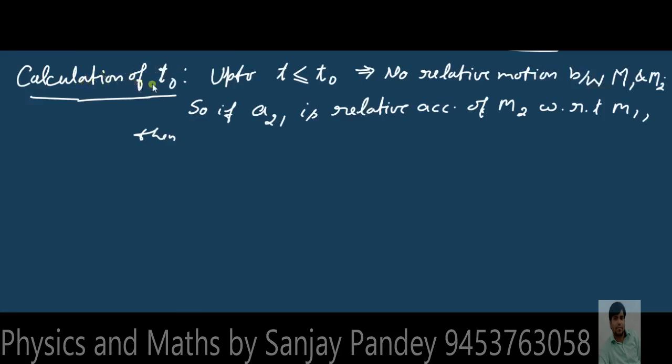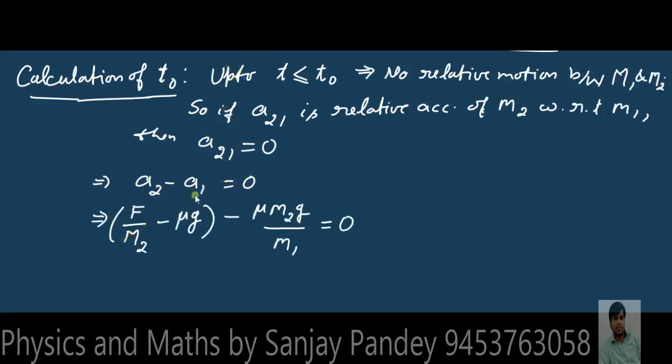Now we calculate time t0. Up to t less than t0, we know that there will be no relative motion between m1 and m2. So if a21 is the relative acceleration of m2 with respect to m1, then a21 will be equal to 0 in this case. It means a2 minus a1 is equal to 0.